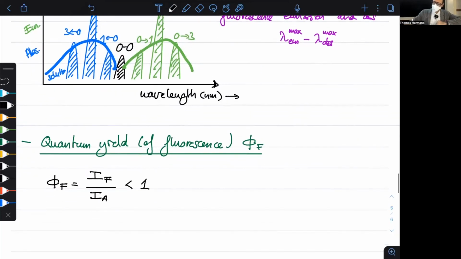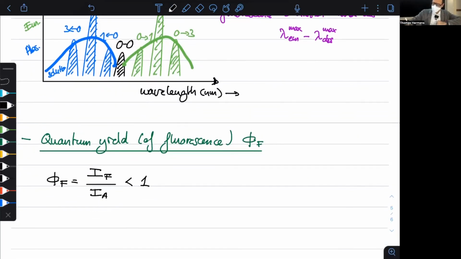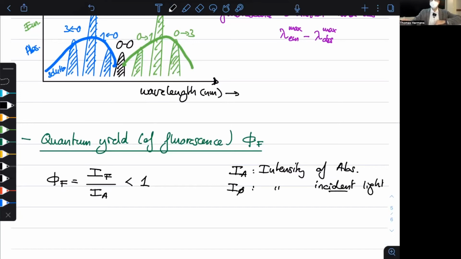Right, so we are going to look at some different intensities. So we have the intensity of absorbance. We have intensity of the incident light. Incident means the light that shines on whatever thing, right?